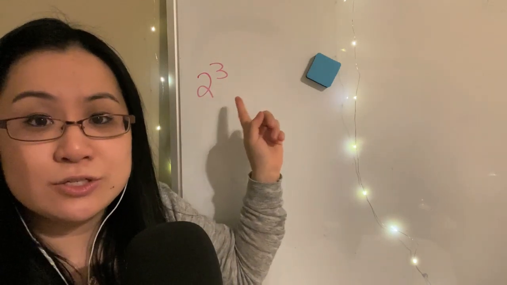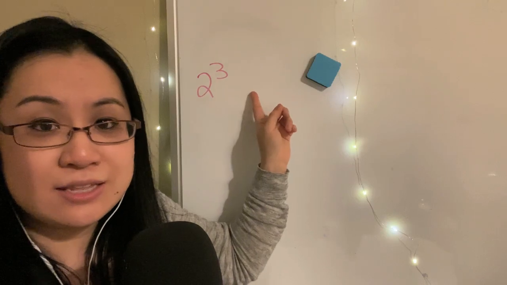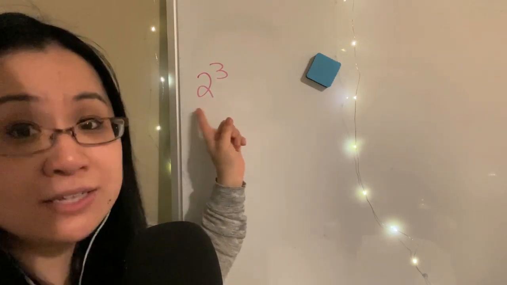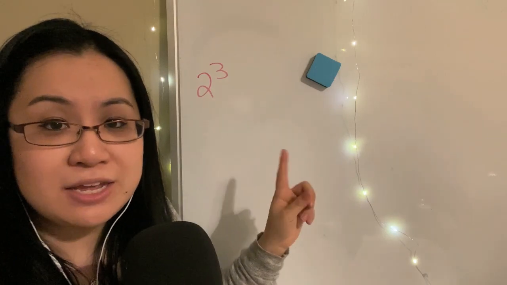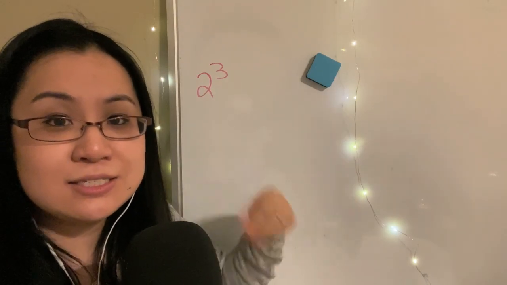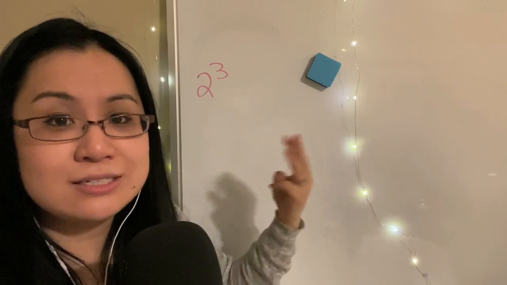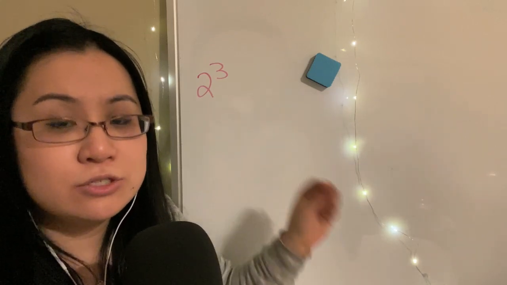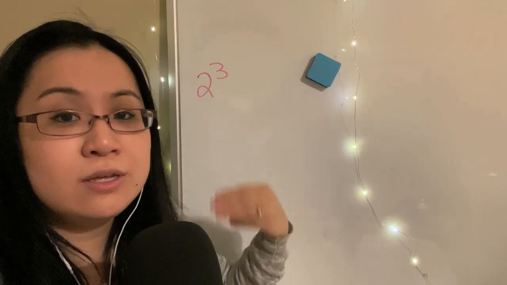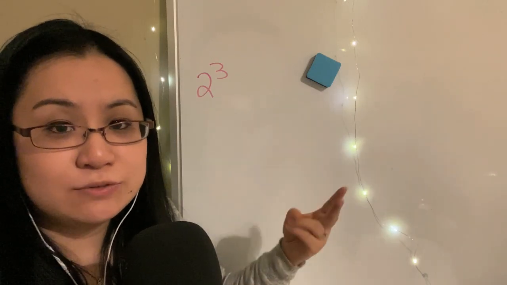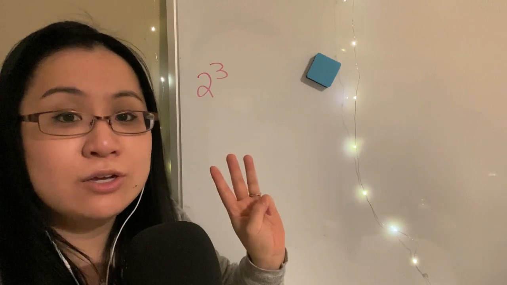Okay, so this means that I take this base number, the 2, and multiply it by itself 3 times. 2 times 2 times 2. 2 times itself 3 times.